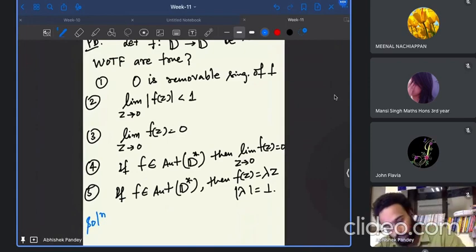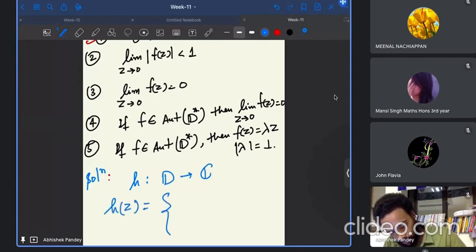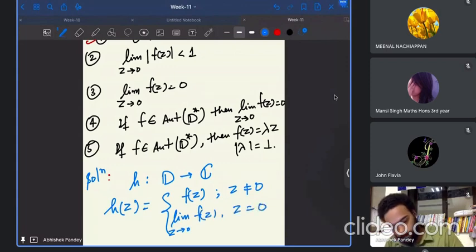So the first one is correct, isn't it? Since 0 is a removable singularity, define this function h from D to C. h(z) is basically f(z) when z is not equal to 0, and limit z tends to 0 f(z) when z is equal to 0.